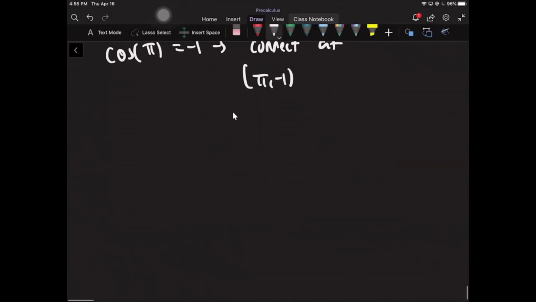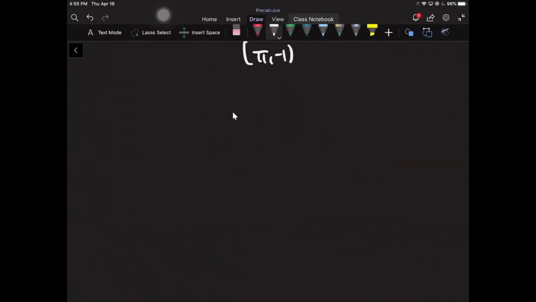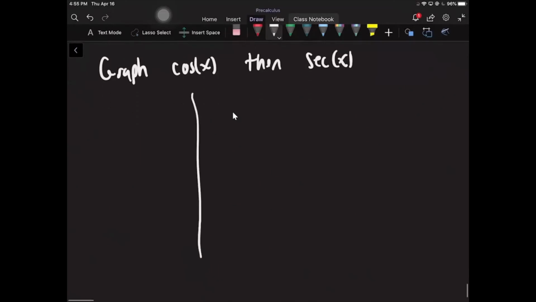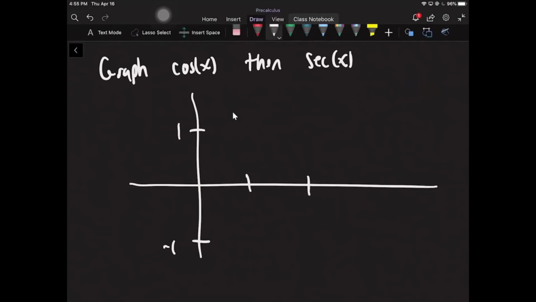Okay, so let's start graphing. I'm going to graph cosine, then secant. So I'll use 2 different colors, in fact. So we know how to graph cosine. It looks like this. At 0, it's 1, and then it follows this shape here.